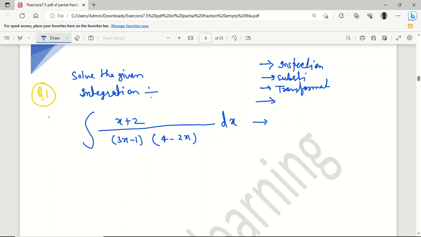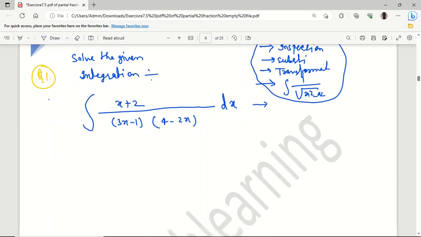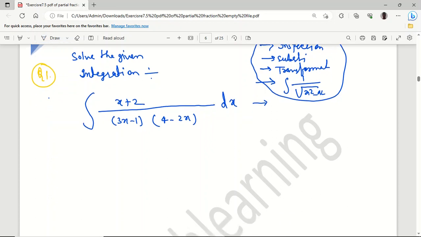Can we try any other thing, like the identity of type 1 by under root x square minus a square? Obviously, we won't be able to apply it here. So each integration has its own method that you need to know. It might be that you will try some other transformation and convert this integration into some other form, but that case will be very rare. So you need to know how to solve such integration.